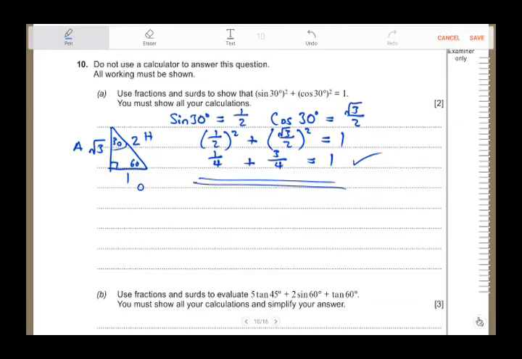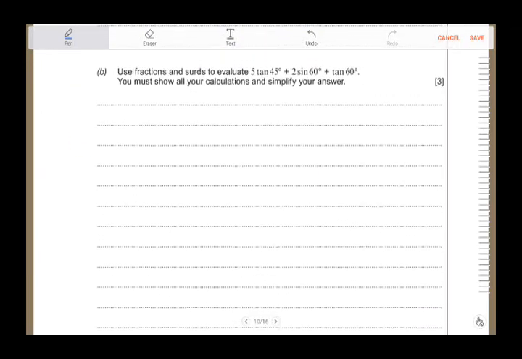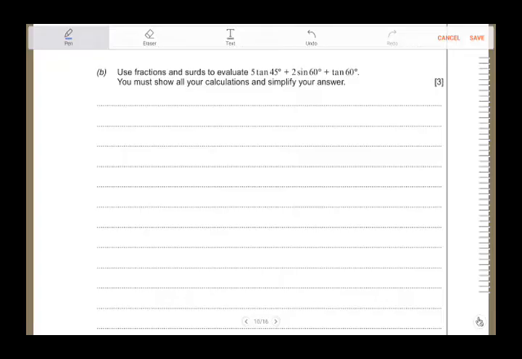Okay, now we're going to move on to part B, which is similar, but this time it's involving the 45-90 special triangle as well as our 30-60 triangle. Use fractions and surds to evaluate what that is. So I'm going to do two little triangles here now.